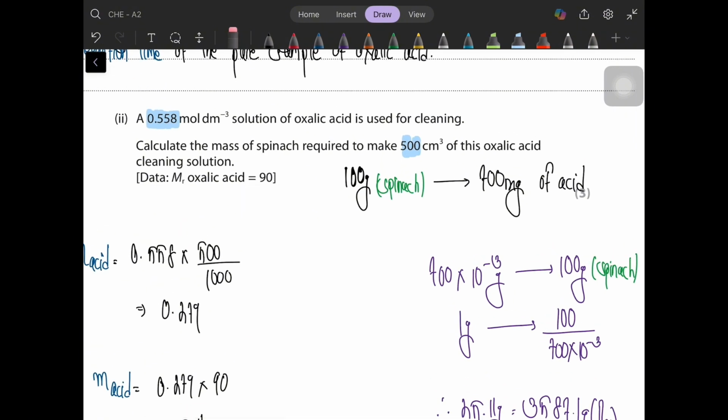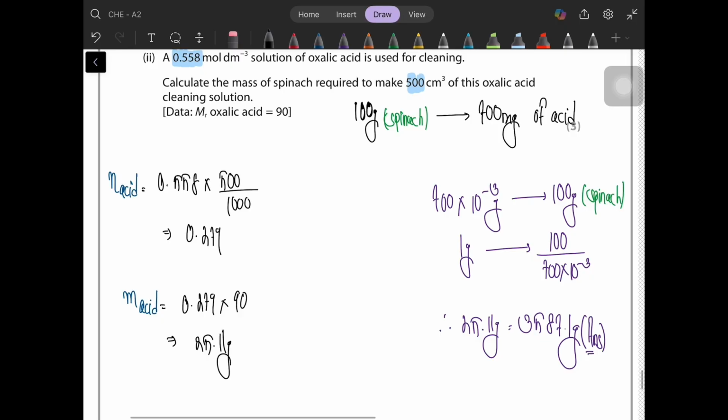So here I have done that, and I get 25.11 gram, right? So for this much of the acid I need 100 gram of spinach. For 1 gram I need this, and for this 25.11 gram of this acid, I need this many gram of spinach, right? Right, so let's just move on.